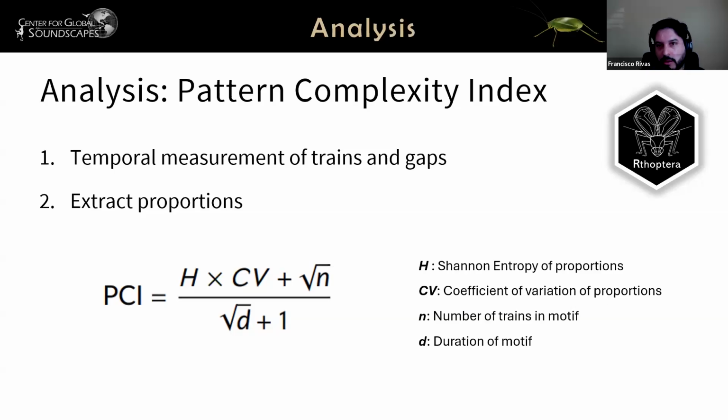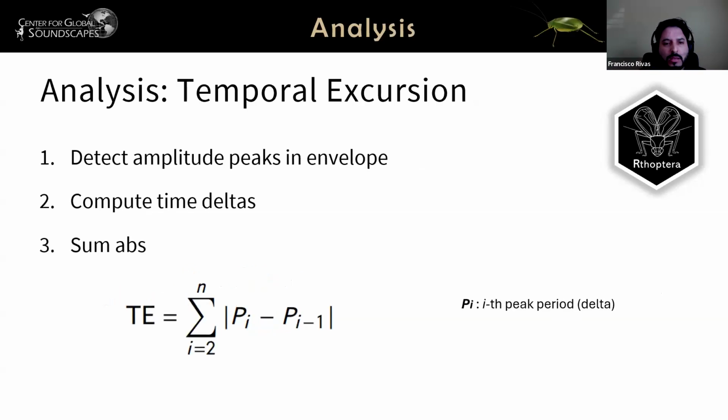So basically, a longer call will tend to have a higher PCI, but this will be reduced if the call is repetitive, right? If the durations and the gaps are more or less even across the call. Whereas shorter calls with a lot of different gaps and durations of the trains are going to tend to go up in the PCI.